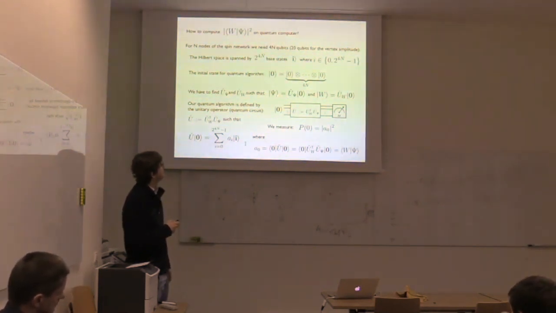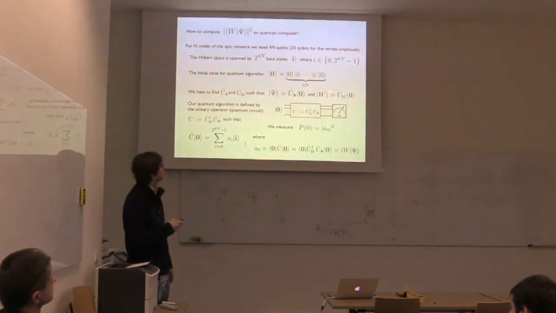Namely, let's create the unitary operators U_psi and U_W such that those operators create the psi and W states from the initial state of the quantum computer. And then you have to express somehow these operators in terms of elementary gates. And then create an operator U, which is U_W dagger times U_psi.